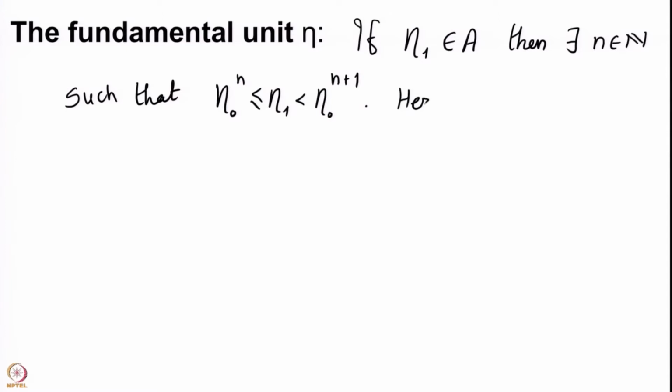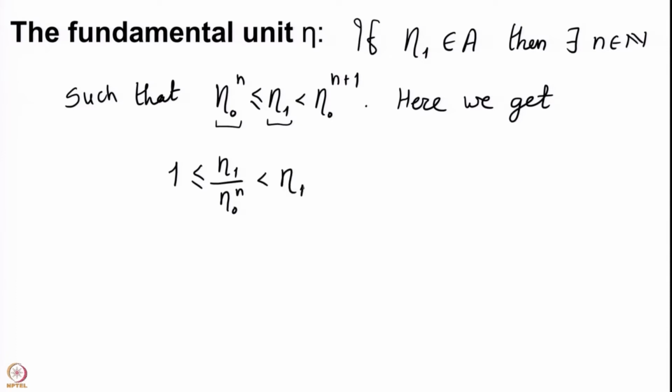Now, here eta 1 is a unit, eta naught power n is a unit. We can divide throughout by eta naught power n. So, here we get 1 less than or equal to eta 1 upon eta naught power n less than eta naught.